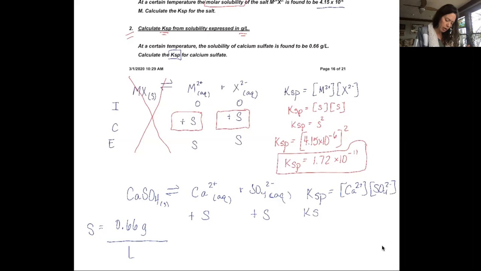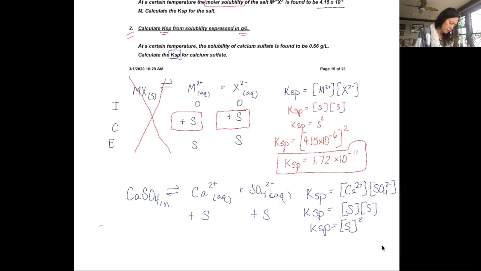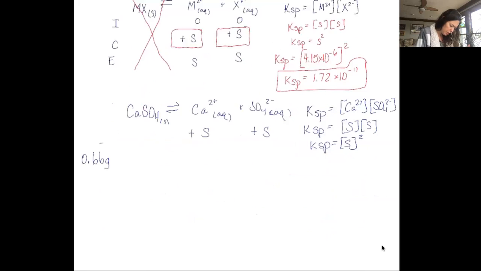We have defined it to be an S and an S, so Ksp equals, once again, S squared. S needs to be in moles per liter, so we need to convert our 0.66 grams per liter to moles per liter. Grams of what? Calcium sulfate. The molar mass, guys, for calcium sulfate is 136.1.